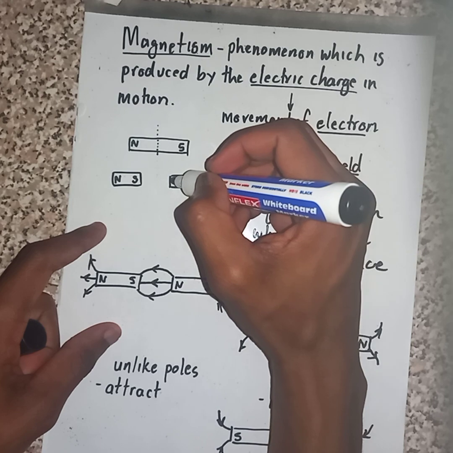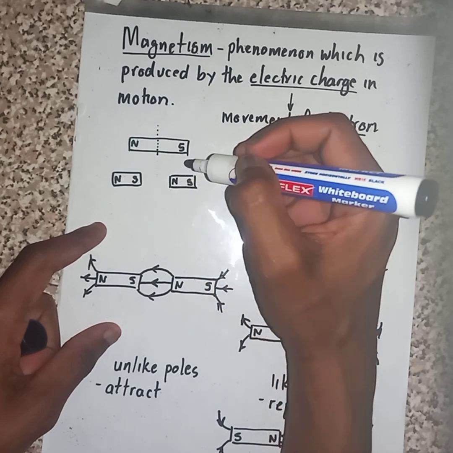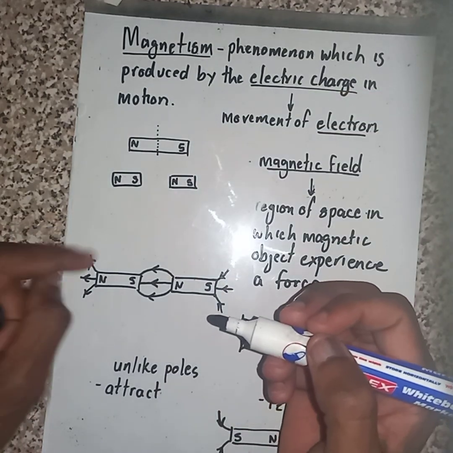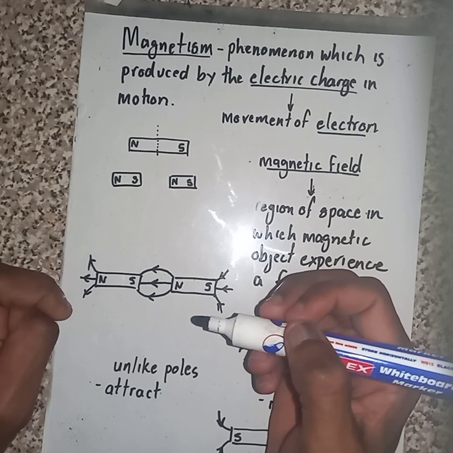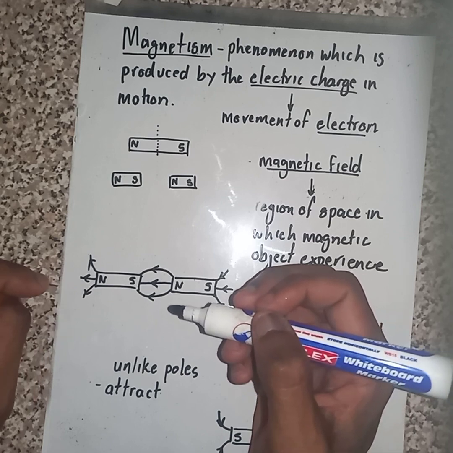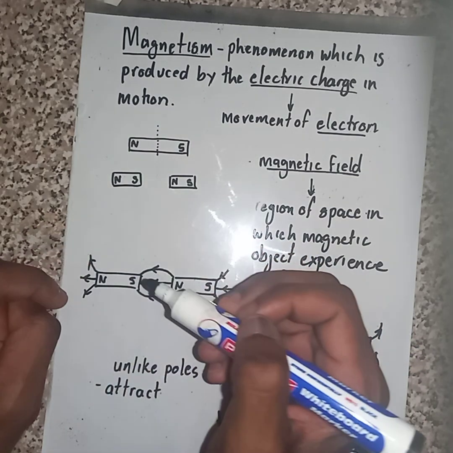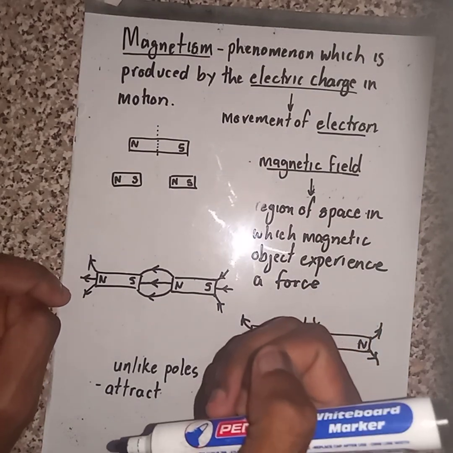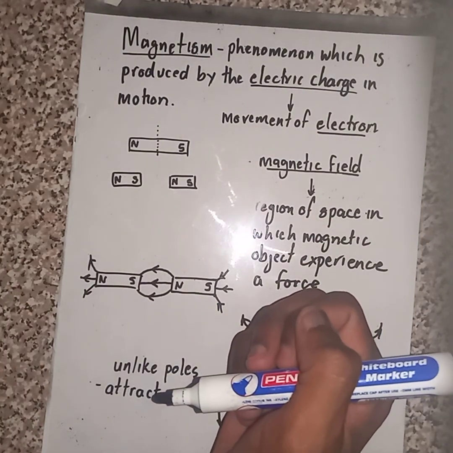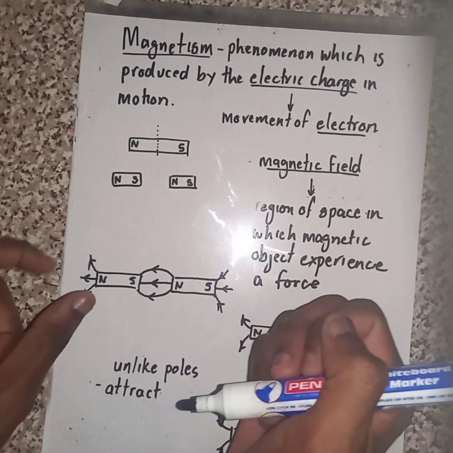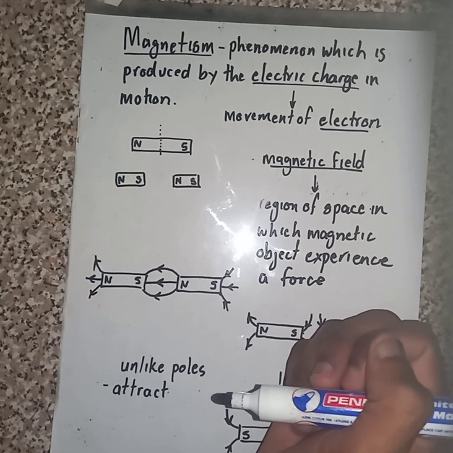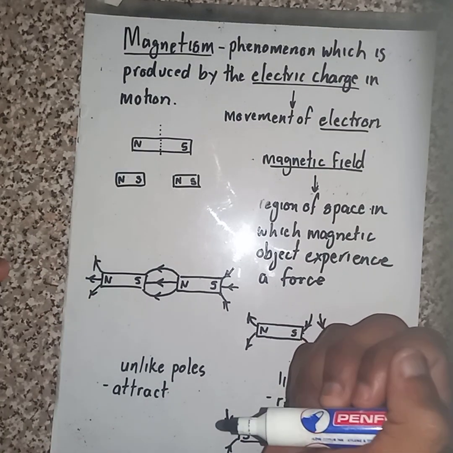Then this other half is going to be north pole. You see, a magnet always exists in dipole. That means they will always have two poles. You just need to bear that in mind.